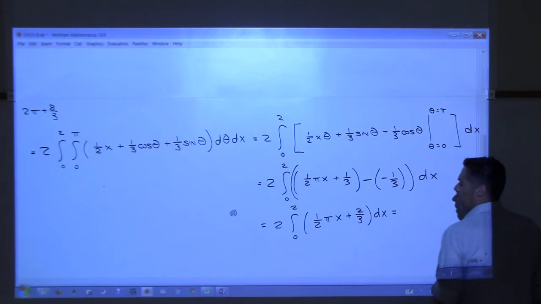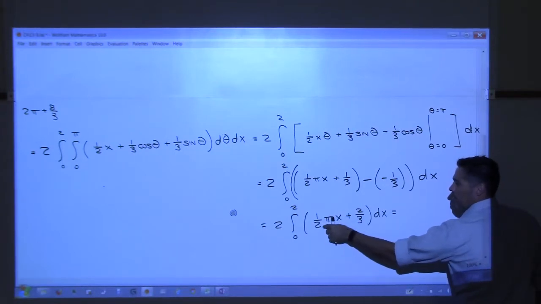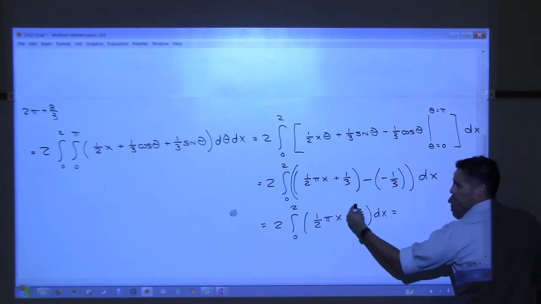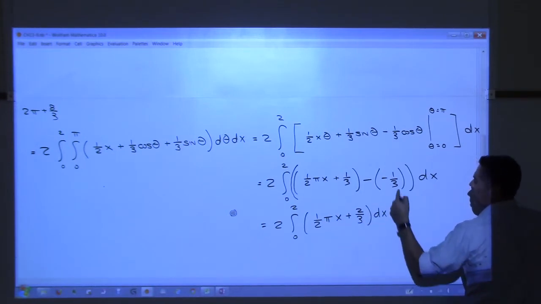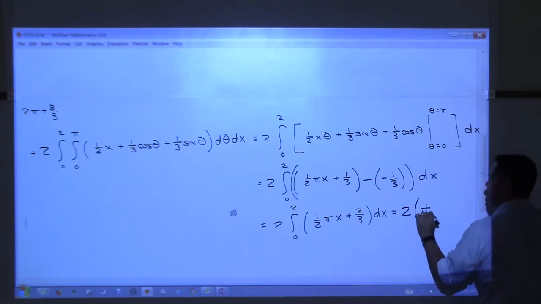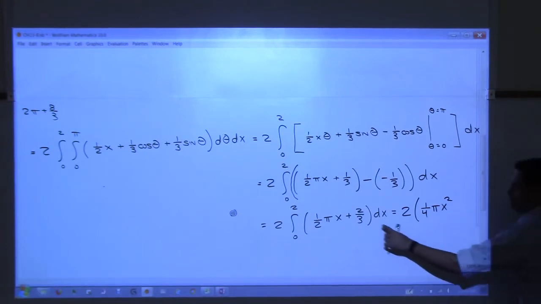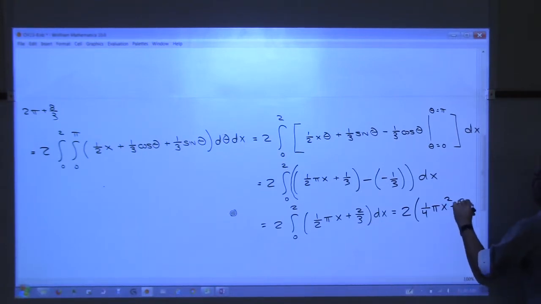Let's go ahead and integrate. What happens when you integrate this with respect to x? You're going to get pi x squared, and you're going to have out front 1/4, because remember the 2 comes out, right? Or you'll have another 1/2 joins that one. So I have 2, that's this 2. Then I have 1/4 pi x squared. And then the antiderivative of 2/3 with respect to x is 2/3 x. Understand? That's the antiderivative.